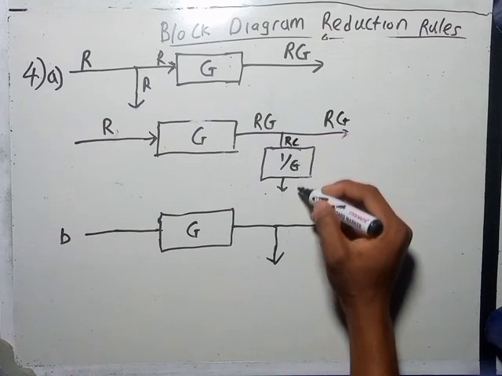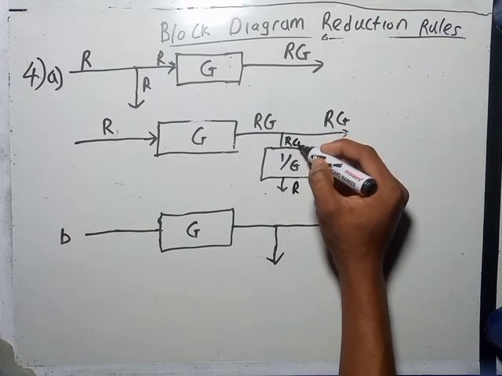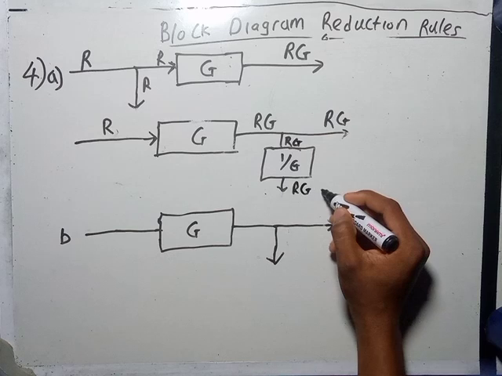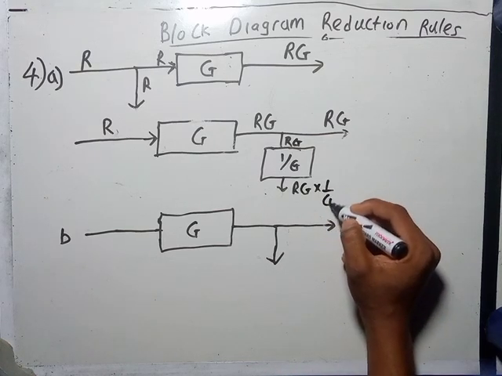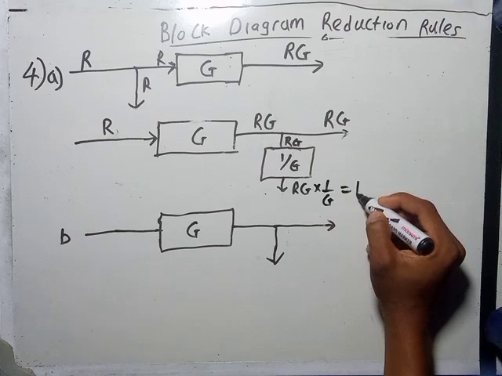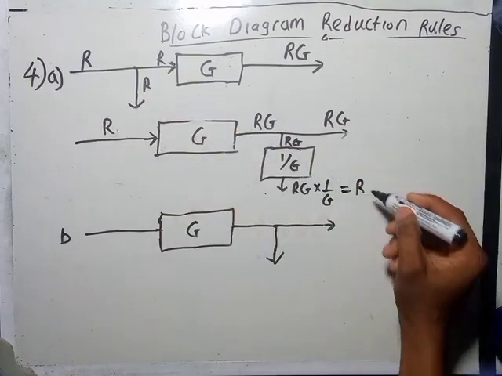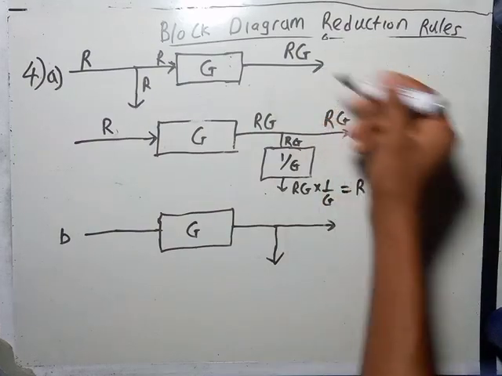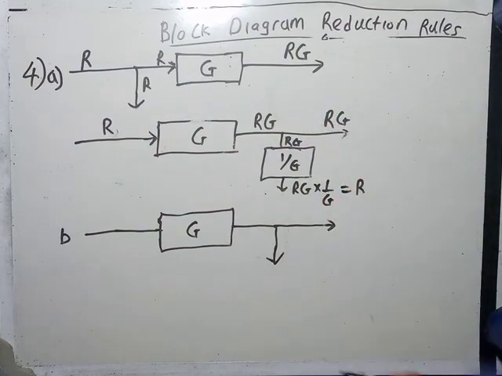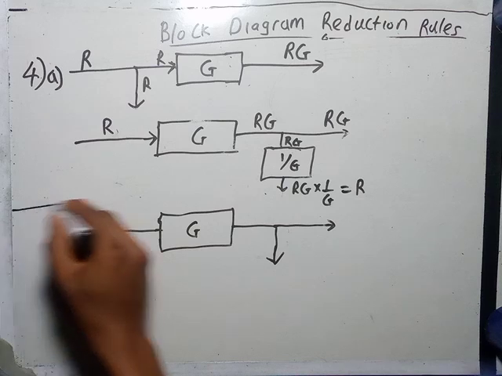As it passes through this, you have RG multiplied by 1 over G, giving us R. So you can see that our R still remains our R, while our RG still continues as RG. That's the first case.